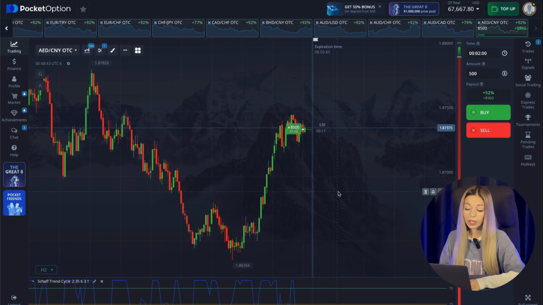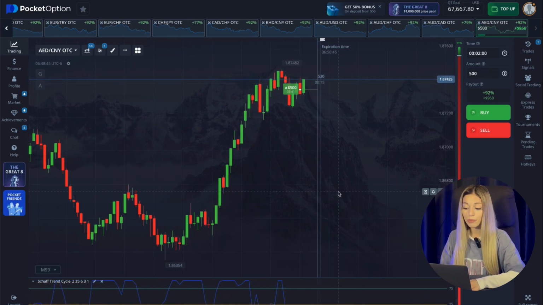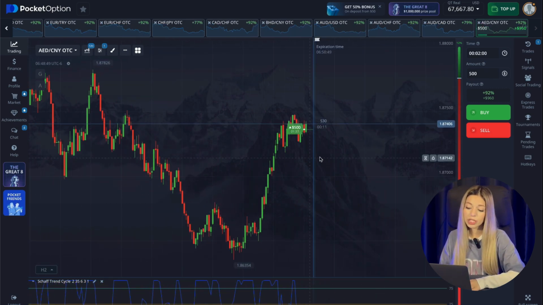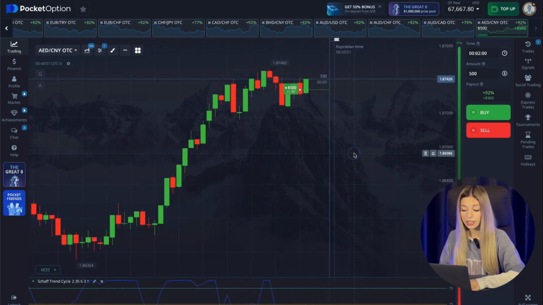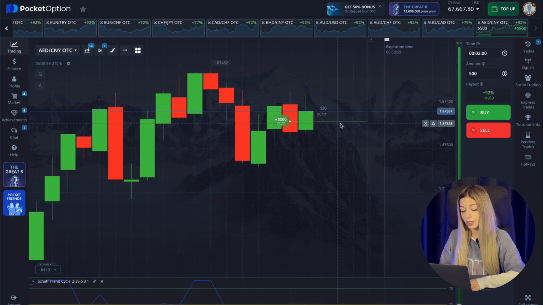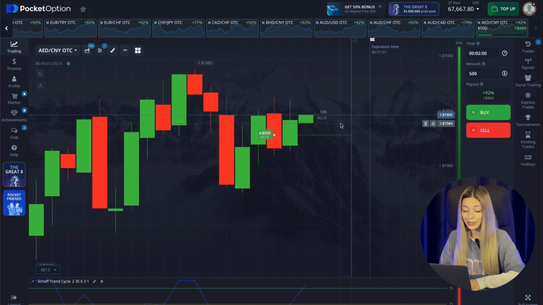Sure, you could trade a 1 minute or 1.5 minute trade with this strategy, but from my experience, a 2 minute trade with this indicator and chart settings is optimal. Win rates around 70%, which is honestly amazing for a single indicator strategy. So take advantage of it.